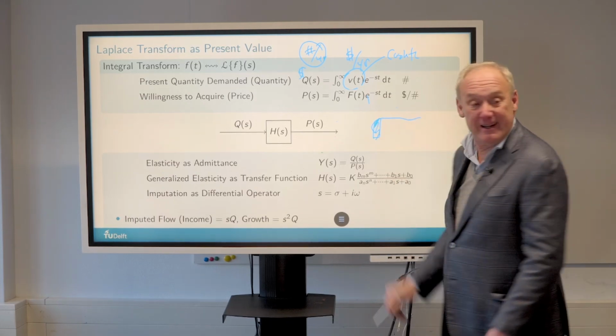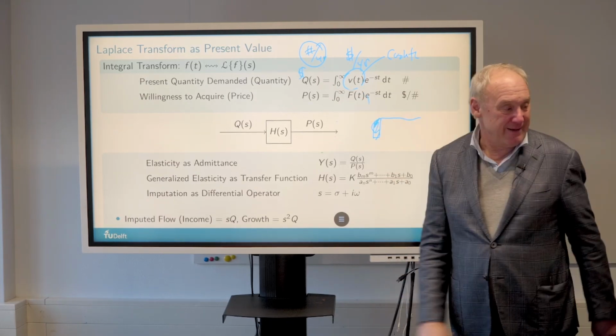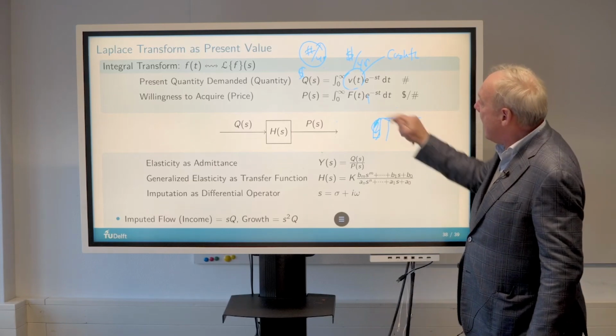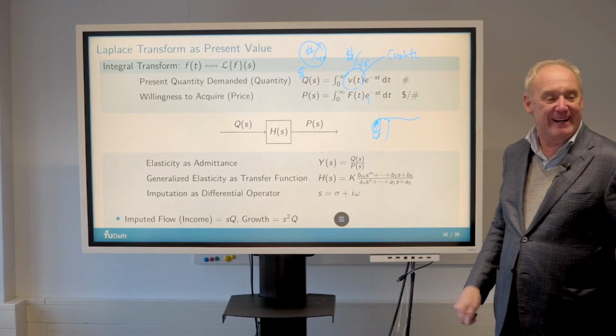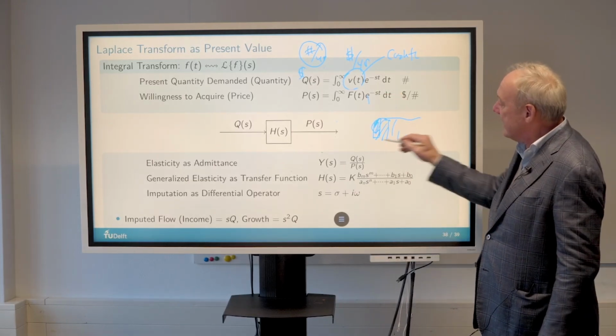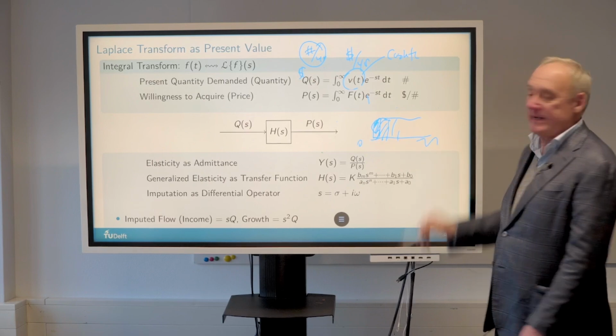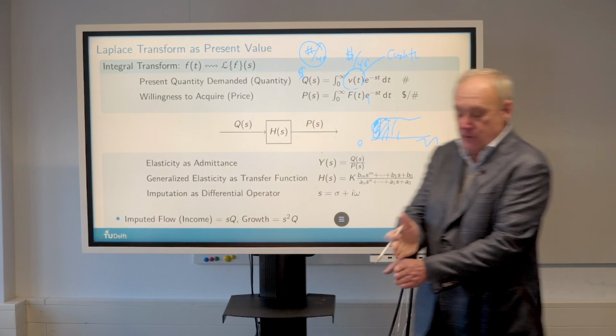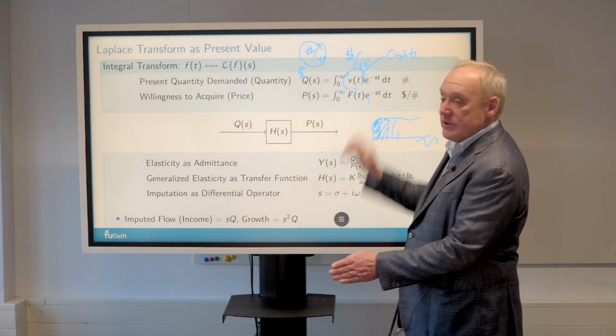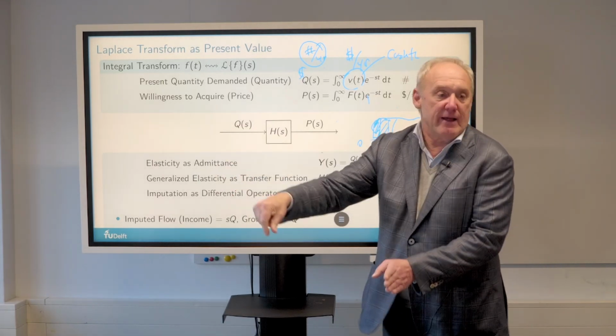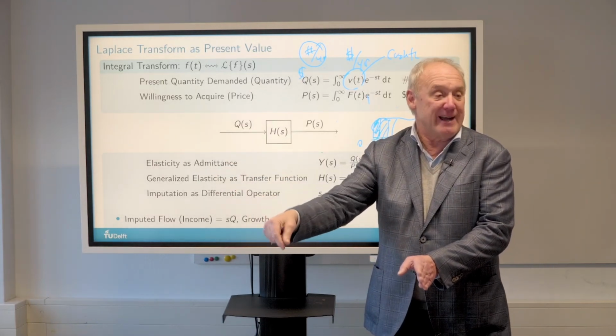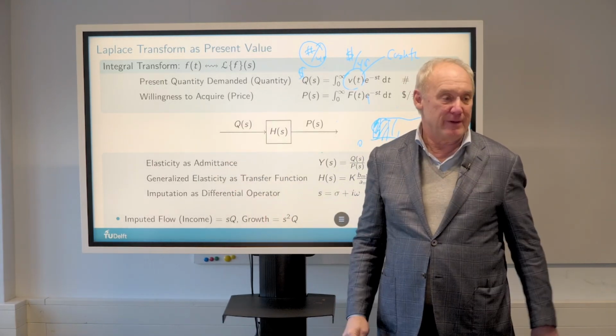Then I take the next one and I hit it down a little bit, and I add it up, going from 0 all the way to infinity. So what I'm doing is looking in the future, weighing that future with a factor, and then adding them all up.